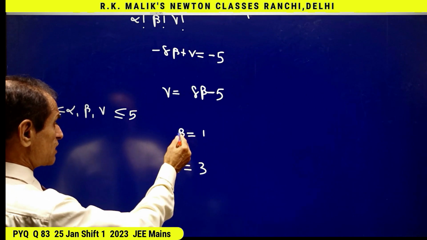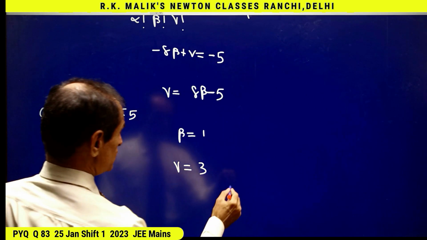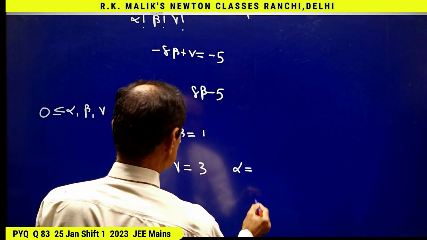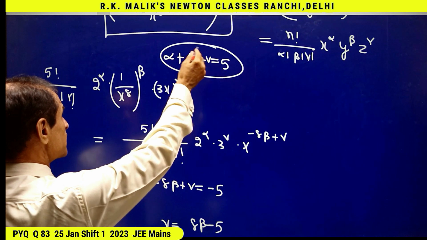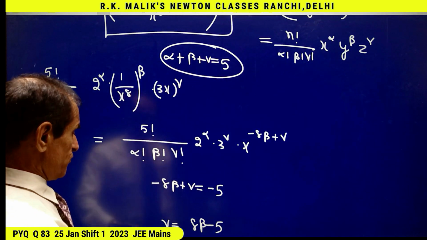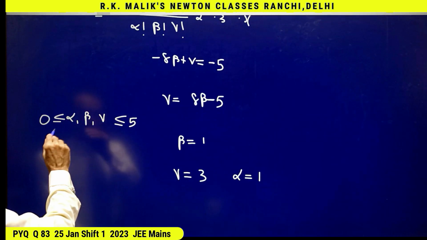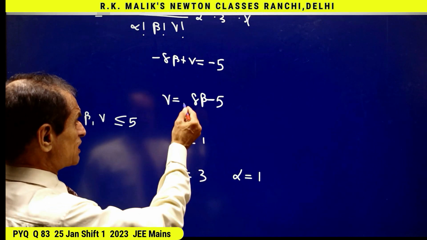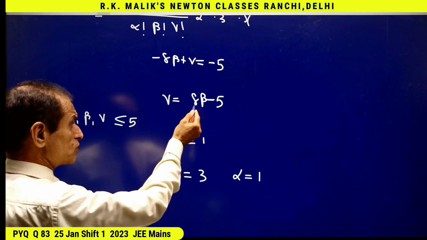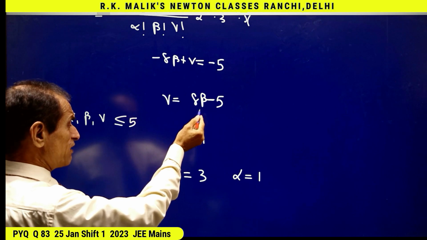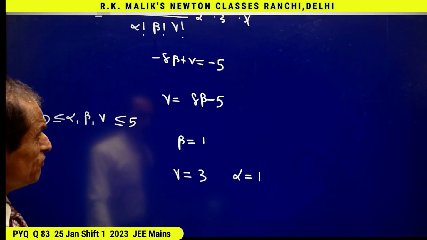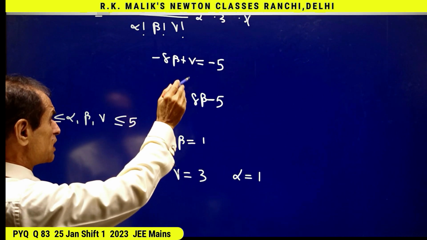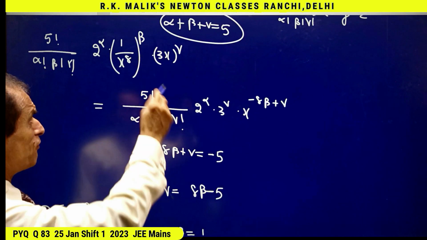And once beta and gamma are found, it is sure that alpha will be equal to 1, because we have to keep in mind that alpha plus beta plus gamma is 5. That is, alpha, beta, gamma lie between 0 and 5. And if I take the value of beta as 2, then the gamma will become 11, which is not possible. This is the only possible case in which minus 8 beta plus gamma is minus 5 and alpha plus beta plus gamma is 5.